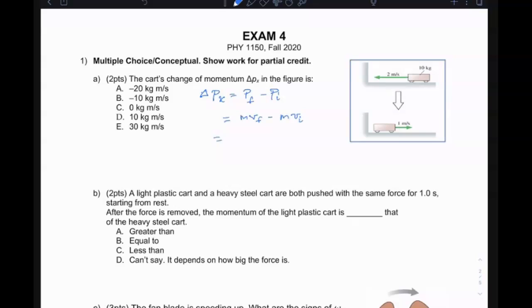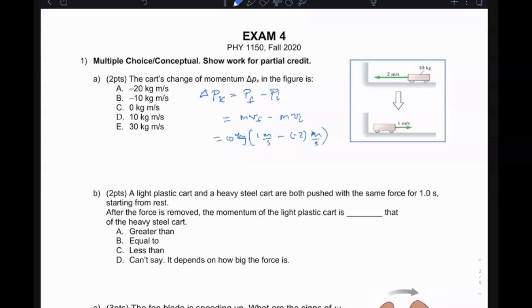The mass is the same in each case, 10 kilograms, so we can factor that out. V final is plus 1 meter per second, and V initial is minus 2 meters per second. So we have to subtract this velocity.